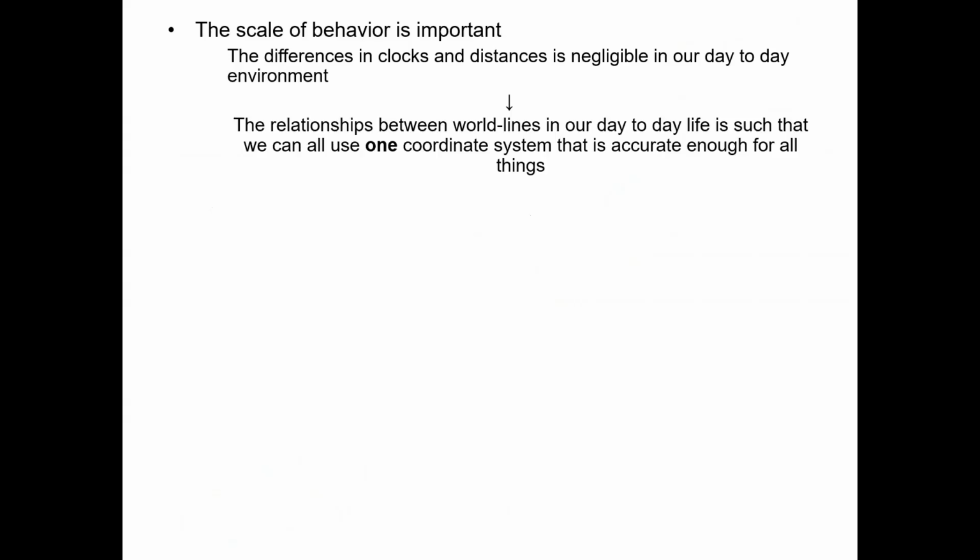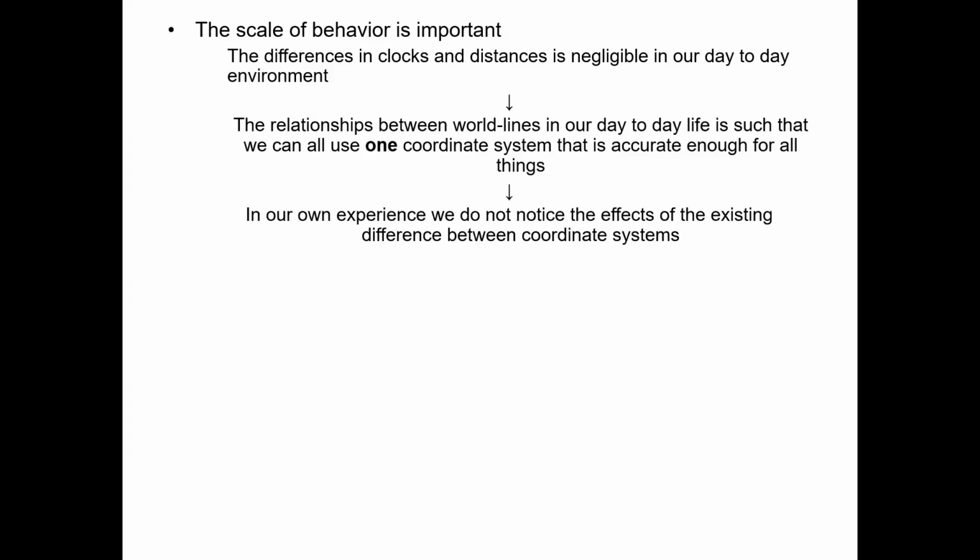And the reason is that the scale of behavior is important. So the differences in clocks and distances are negligible in our day-to-day environment. The relationship between world lines in our day-to-day life is such that we can all use one coordinate system that is accurate enough for all things. In our own experience, we do not notice the effects of the existing differences between coordinate systems.